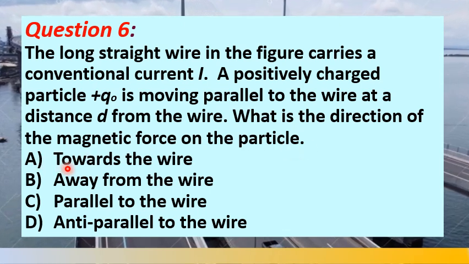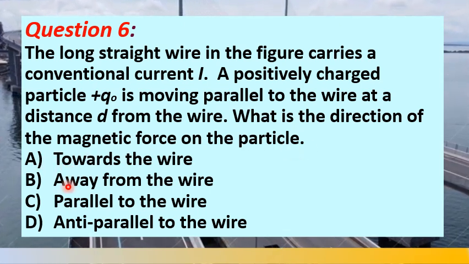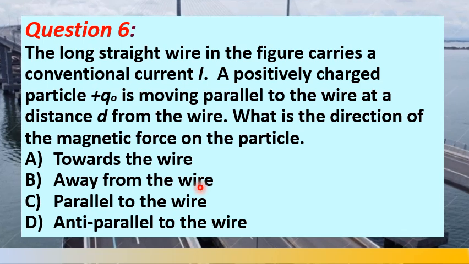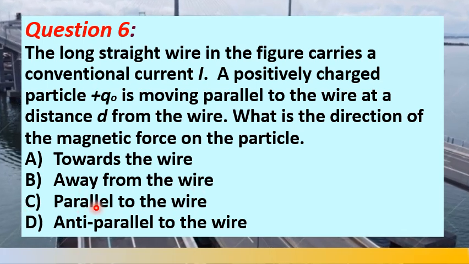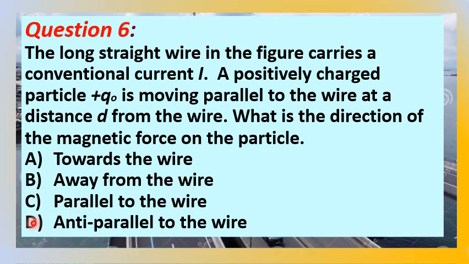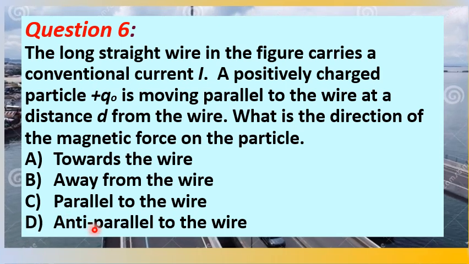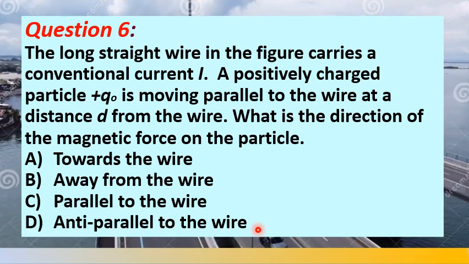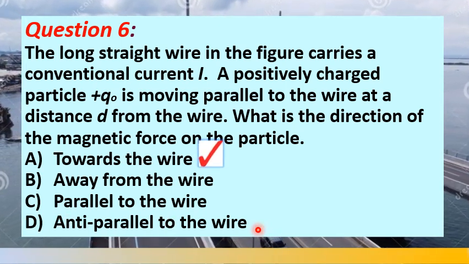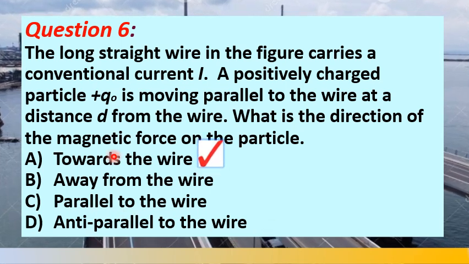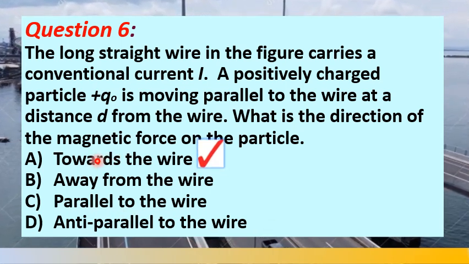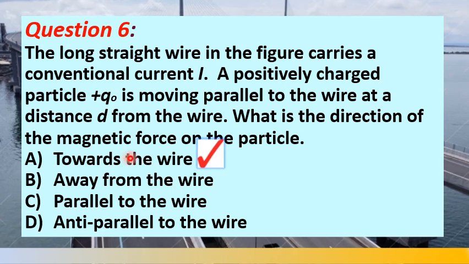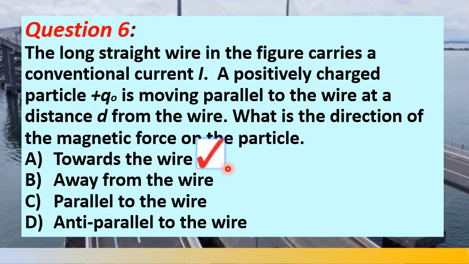Option A, towards the wire. Option B, away from the wire. Option C, parallel to the wire. And option D, anti-parallel to the wire. The correct answer is option A. The direction of the magnetic force on the particle is towards the wire.